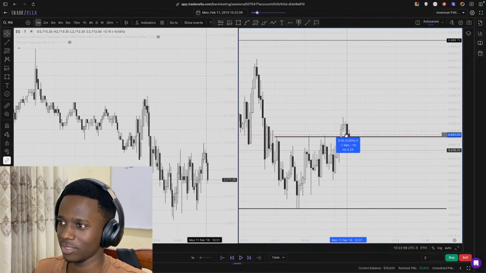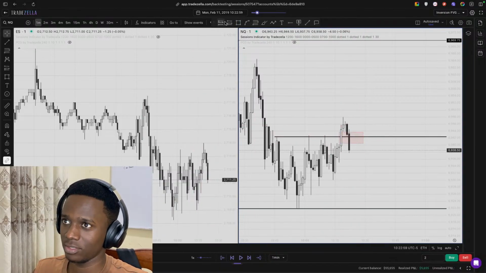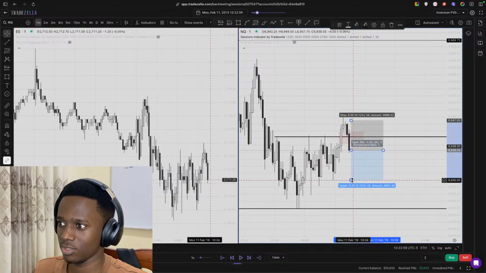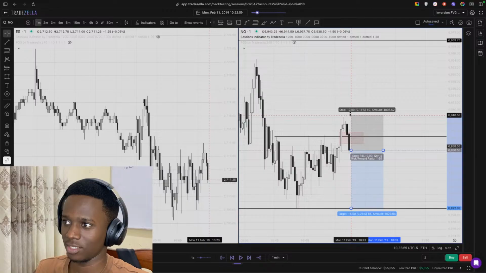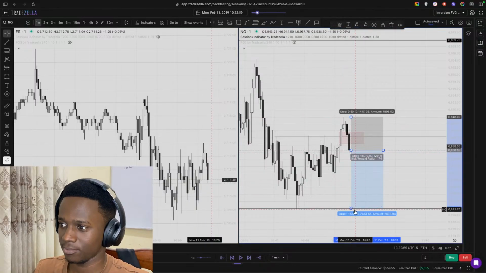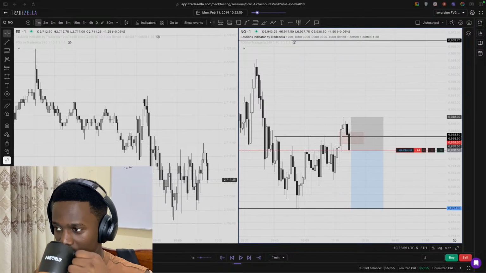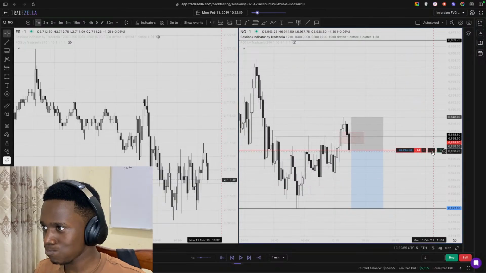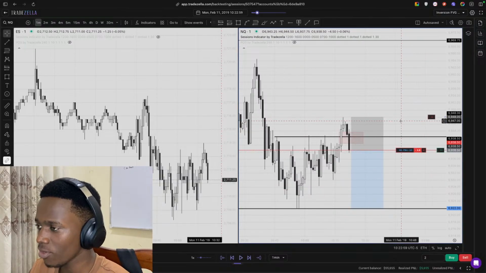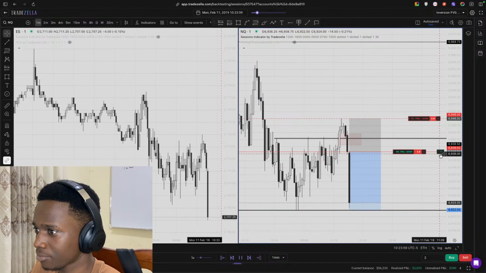We have a liquidity run, and short opportunities can be in here like this, targeting the unfilled 4-hour. Obviously this is like a corrective move short. We stop at the high, take profit at the low, and we wait.